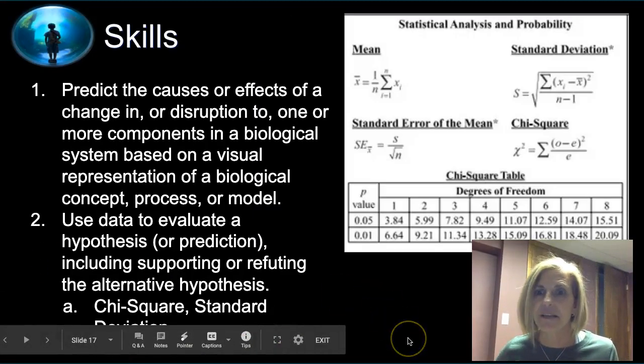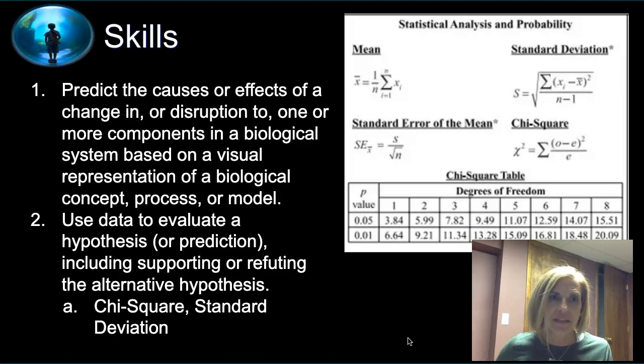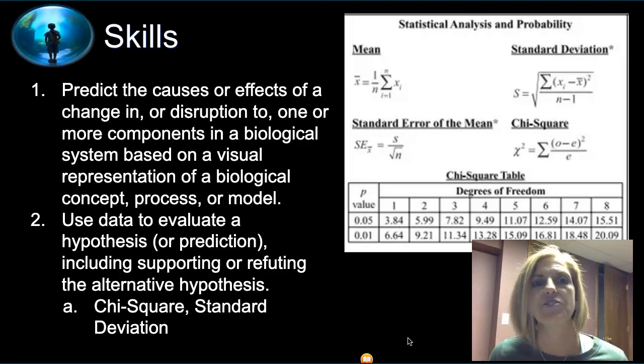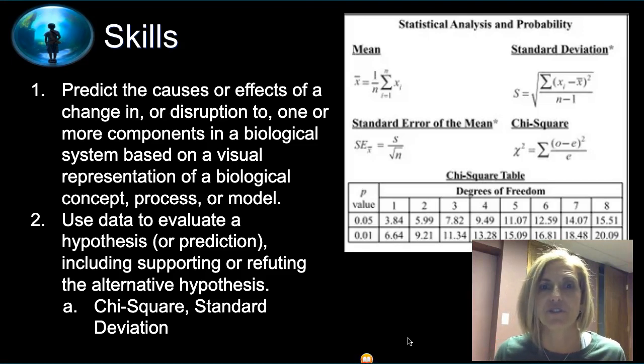A couple skills that might be used in this is predict the cause or effect of a change in or disruption to one or more components in a biological system. So the cell is a system, right? Maintaining osmoregulation, that's a system. Generation of ATP, capturing of energy, all of those are systems, right?